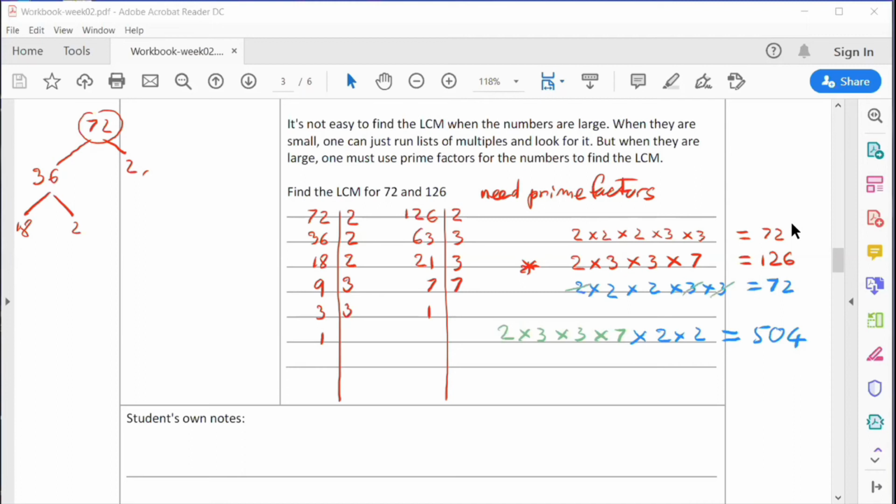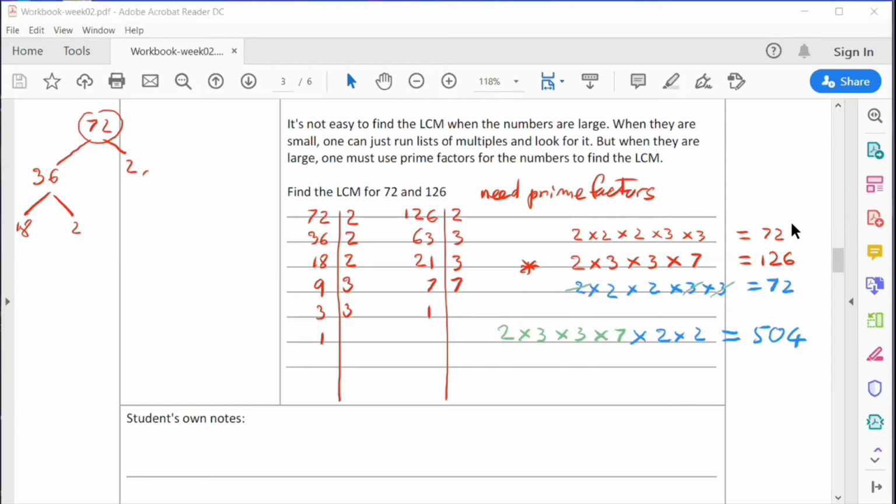The whole idea is you focus on the larger number. You keep the whole thing. Then you look at the list of factors for the smaller number. Anything you already see in the larger one, you cross out. That's all. Then you multiply all together, and you will get it.